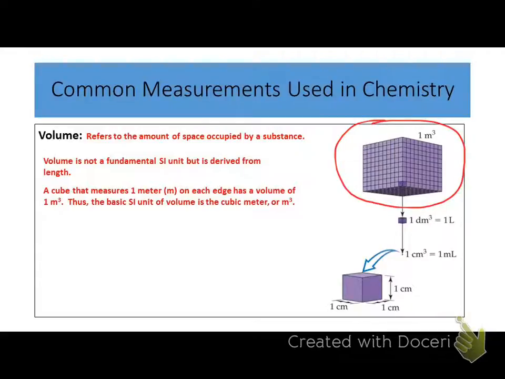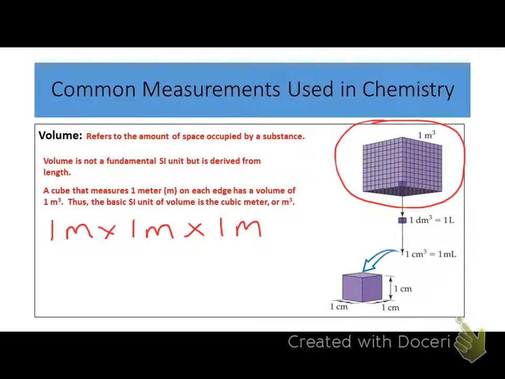Now, for the volume of that cube, we take 1 meter as the length, and we multiply that by the height, which is 1 meter, and we multiply that by the depth, which is also 1 meter.